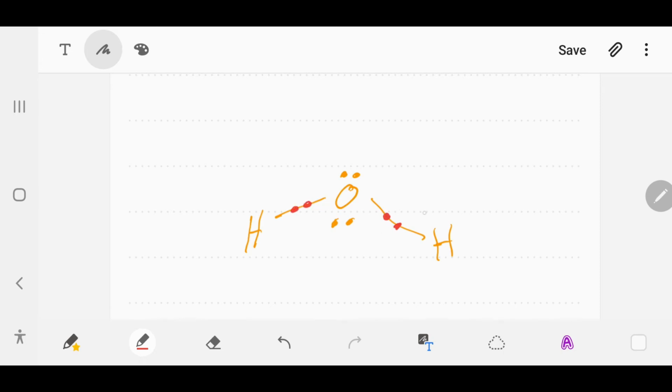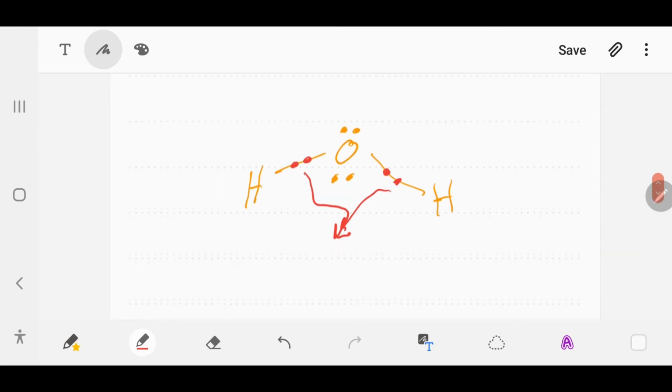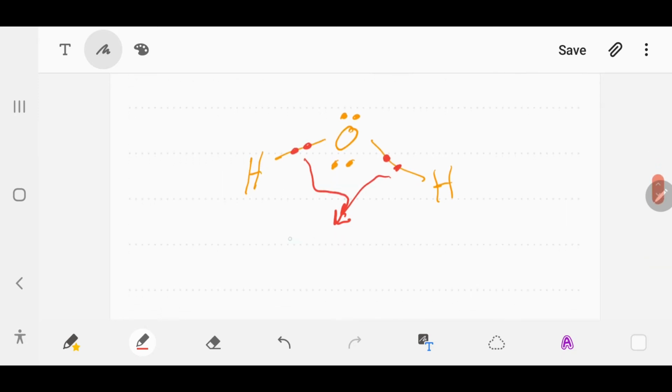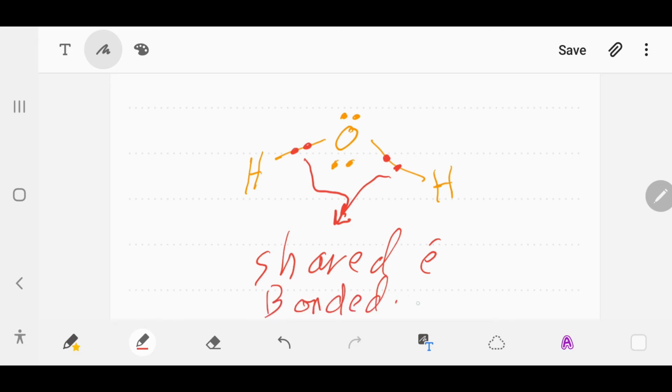These 2 electrons, because they are sharing electrons or bonded electrons, we call them shared electrons or bonded electrons.